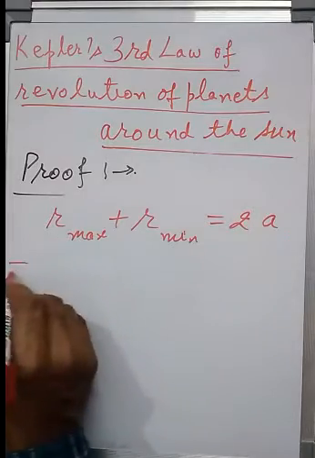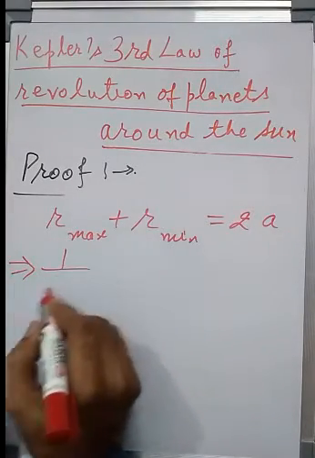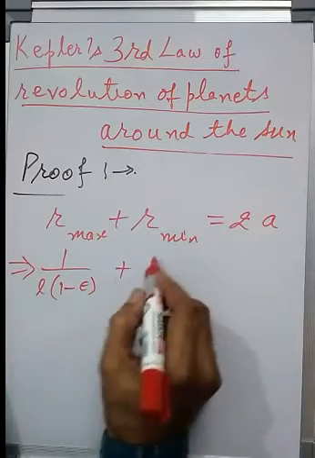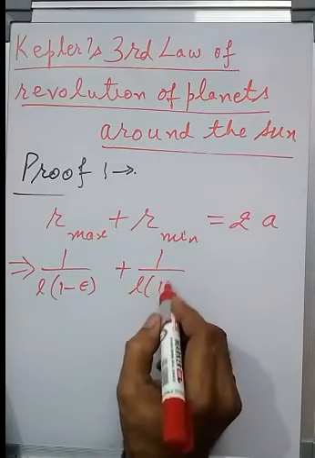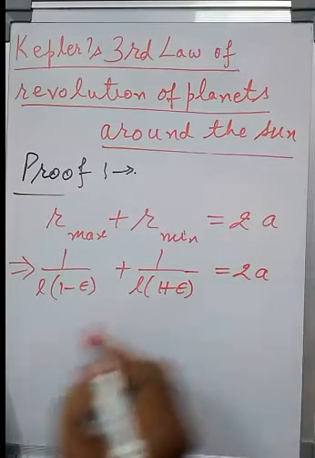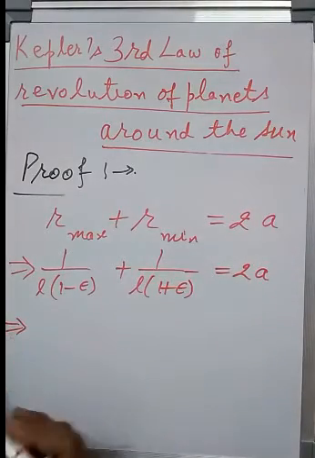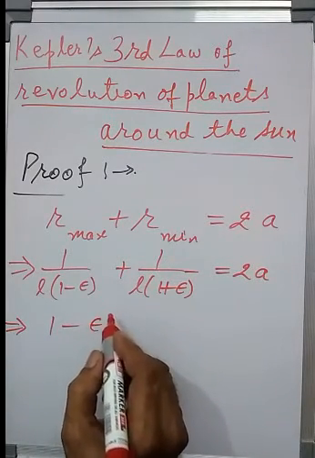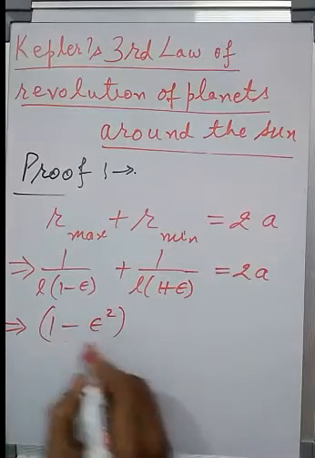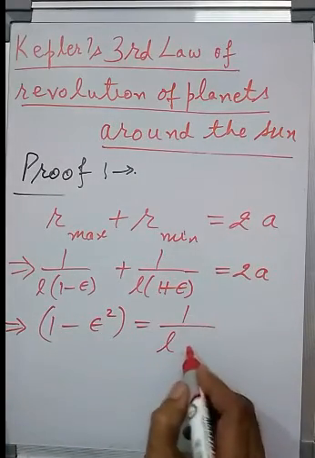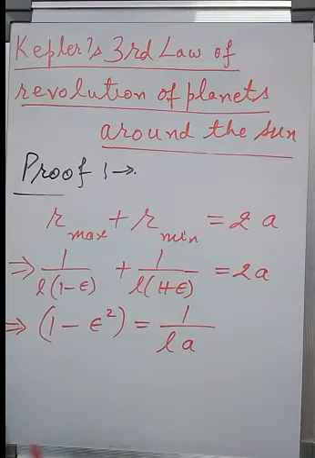So putting the values of r maximum and r minimum, I can write 1 upon l into 1 plus epsilon, which I have just derived, equal to 2a. After simplification, it can give us the value of 1 minus epsilon squared. After doing a little mathematics, I can find 1 upon l equal to a times that. Very easy mathematics.